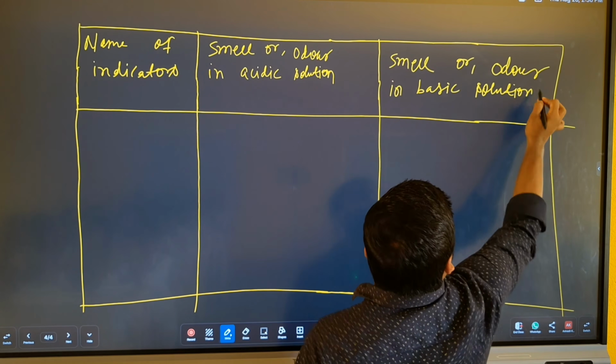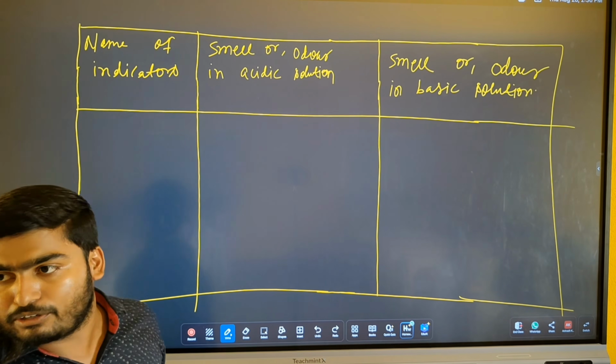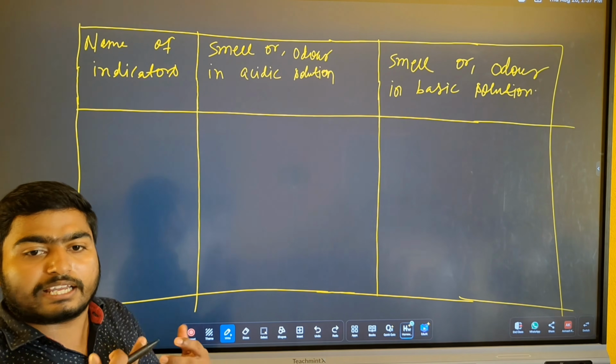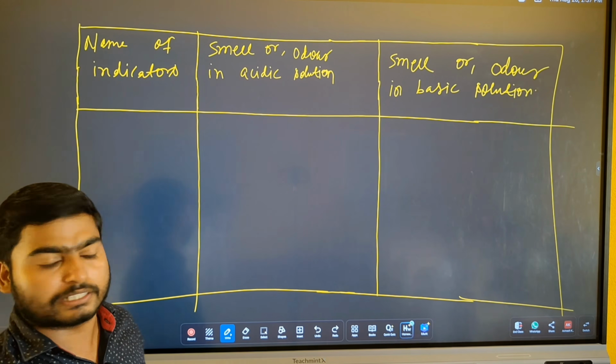In this activity, they are telling you to use HCl as an acid and NaOH as a base. But you can use any acid and any base, they will give the same result, which we will write here.